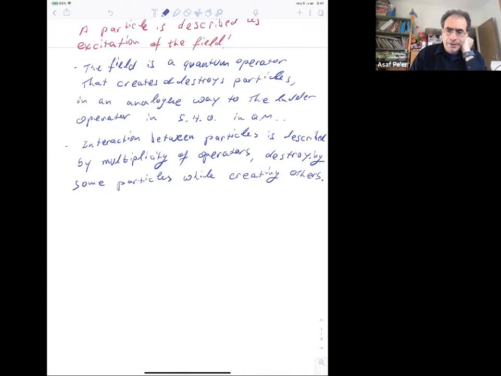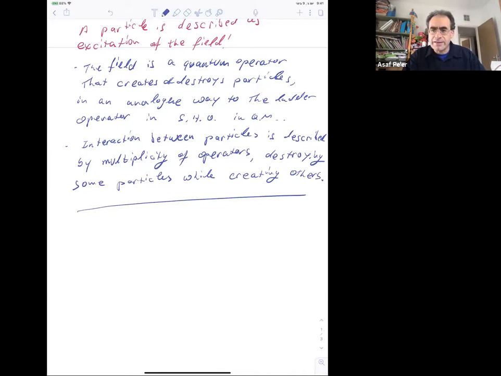A classic example is the electromagnetic field. If there are no photons, we say that the field is in the ground state. The first excited state corresponds to a single photon, which has a well-defined momentum.